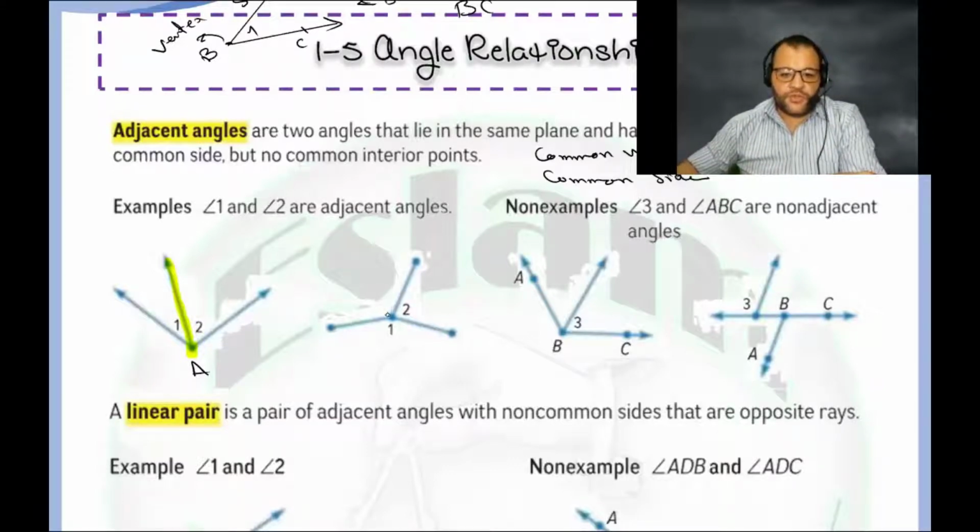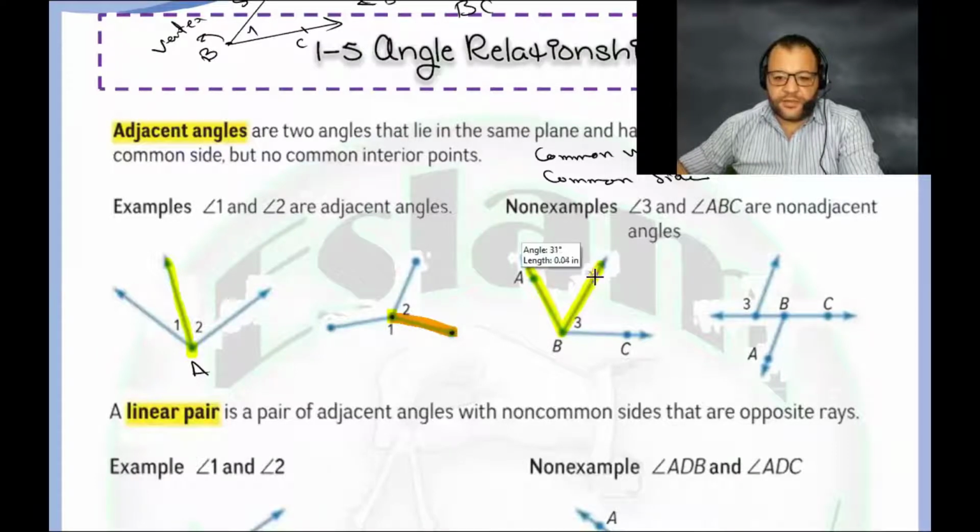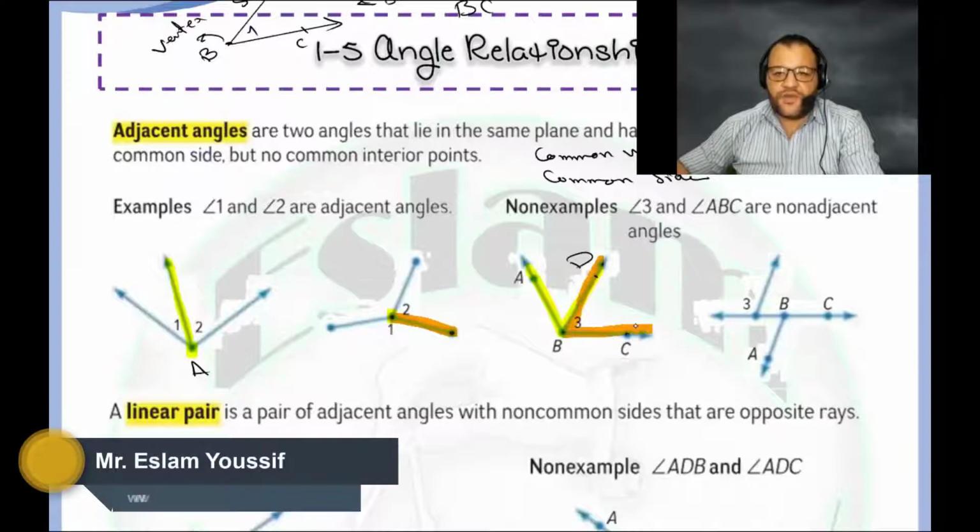The same for number 2: that is the common vertex and that is the common side. The same also here. We have a common vertex and a common side. For angle ABC, suppose that we have a point here called D. So angle ABD and angle DBC are both adjacent now.